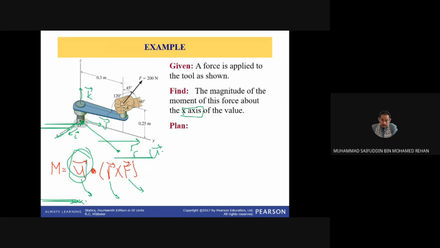So that's basically about the unit vector. So for this question, can you understand why the unit vector is I? Because it simply says the moment is about x-axis.